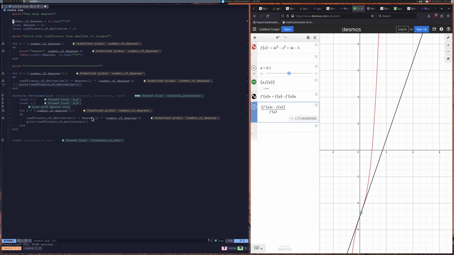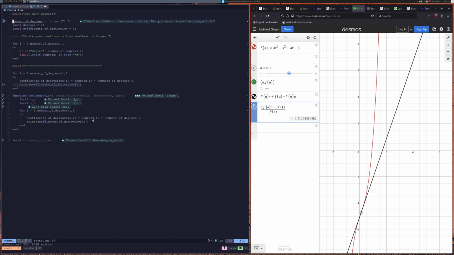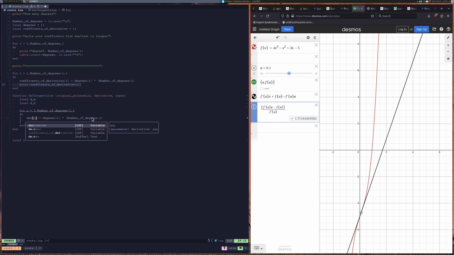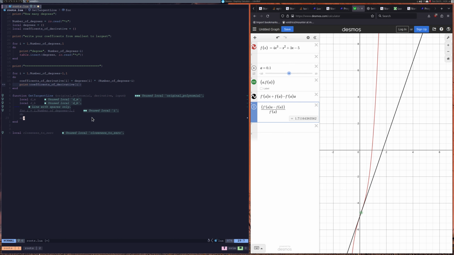Global and, based on the degrees. Alright, so we start at 1. 1 is the highest.